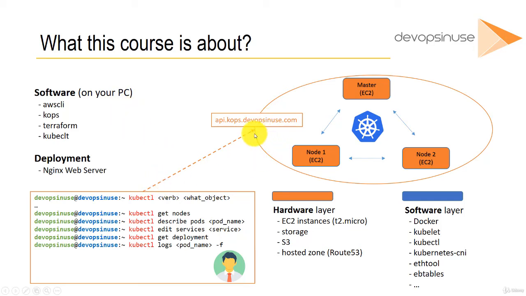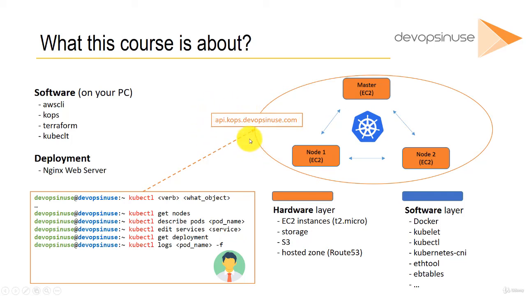And the URL or API we are going to communicate with, in my case, will be api.kops.devopsinuse.com. In your case it will be different, but I have some lectures which explain these things.